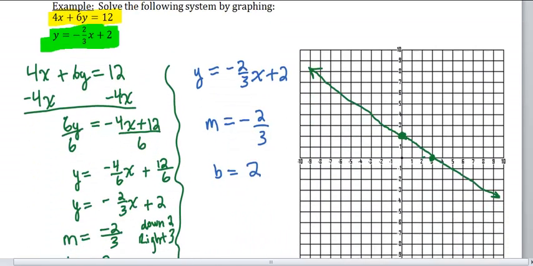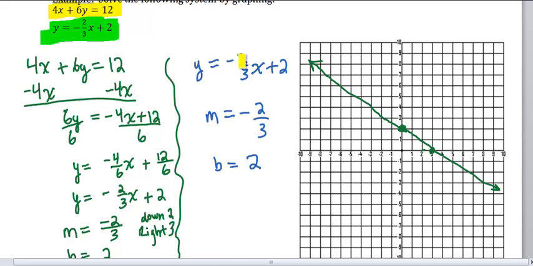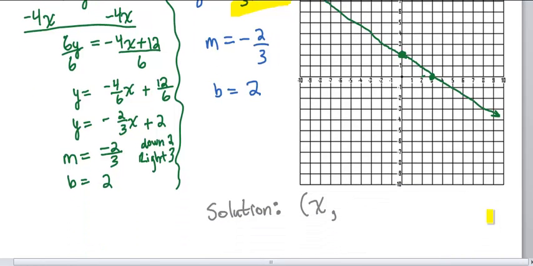In my equation, I have y equals negative 2/3 x plus 2. Same thing here, negative 2/3 x plus 2. So instead of writing y in that ordered pair, I'm going to write negative 2/3 x plus 2. And this gives me my solution for all x.